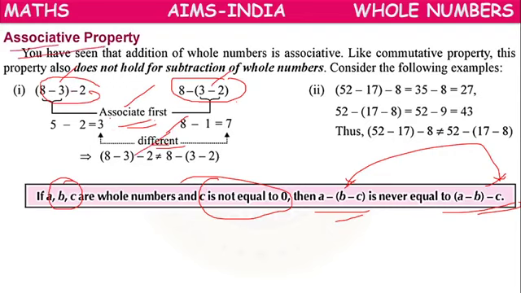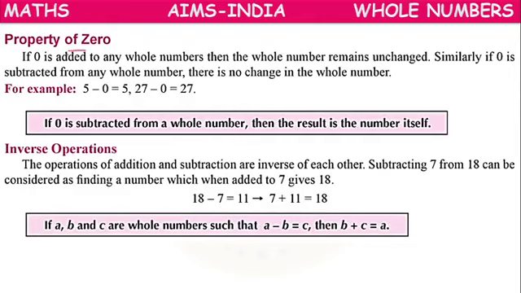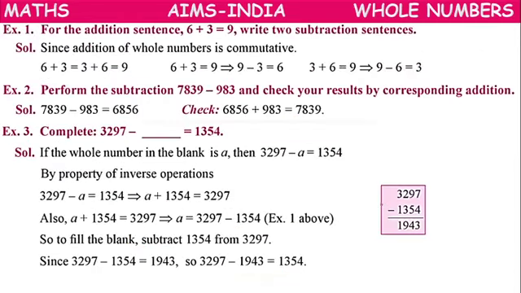So the associative property is not applicable for subtraction. Property of 0: if you subtract 0 from any whole number, you get the same whole number. Inverse operations: addition and subtraction are inverse to each other. Addition can be written as subtraction, and subtraction can be written as addition.